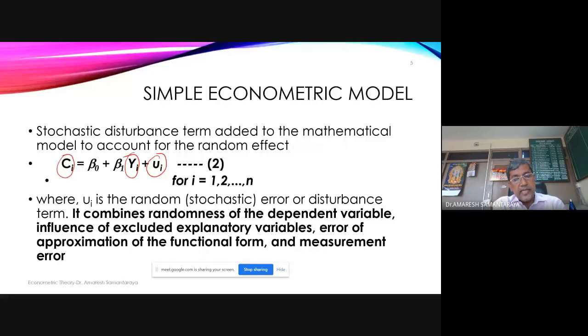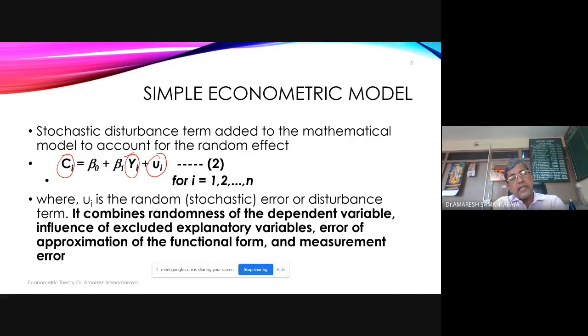So if the actual relation is logarithmic or exponential, but we are trying to estimate a linear equation, then we are basically using a wrong functional form. So any error due to use of this approximation in the functional form will be reflected in ui.